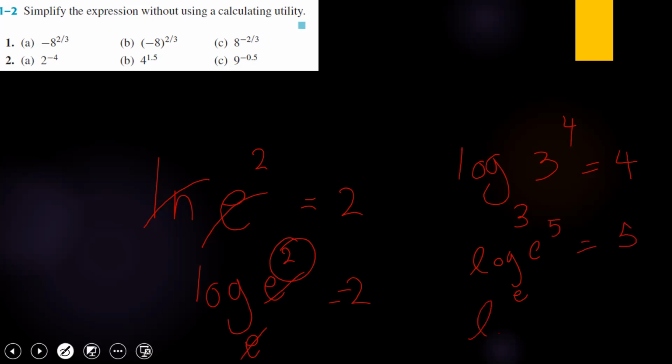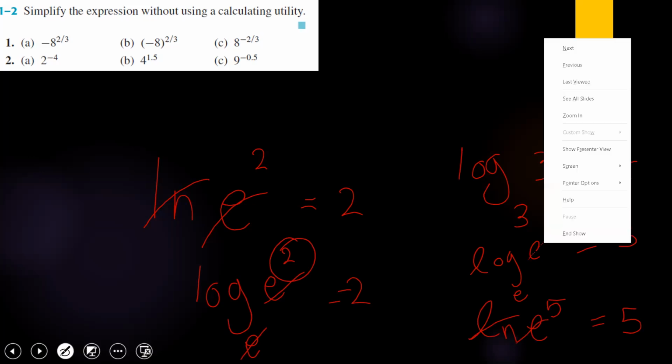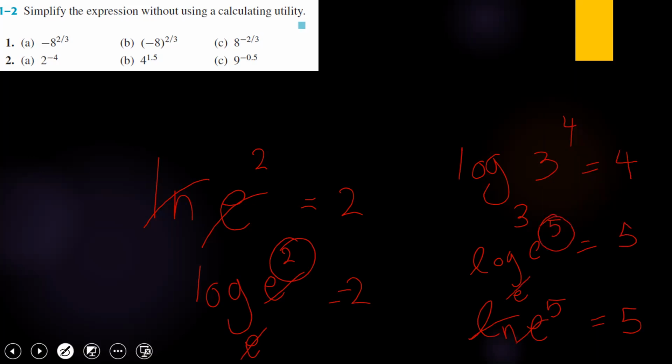Okay, ln of e to the power 5 is also 5. Because it's like ln cancels e, or here e cancels e. So I have only 5. Is it clear? Yes, teacher.